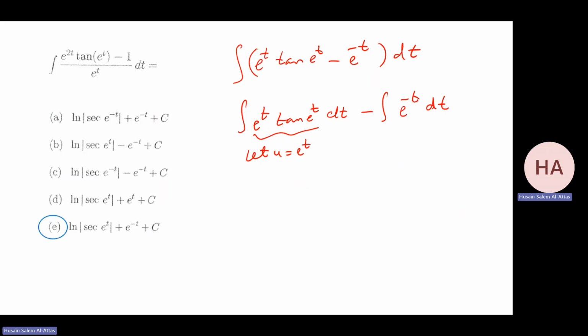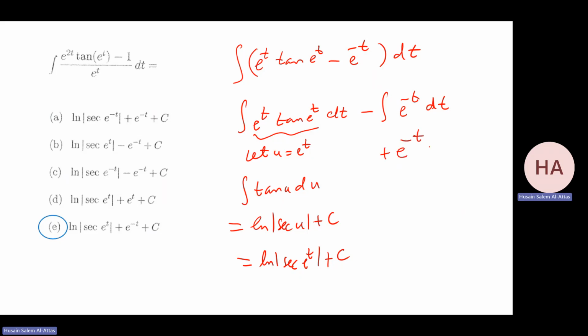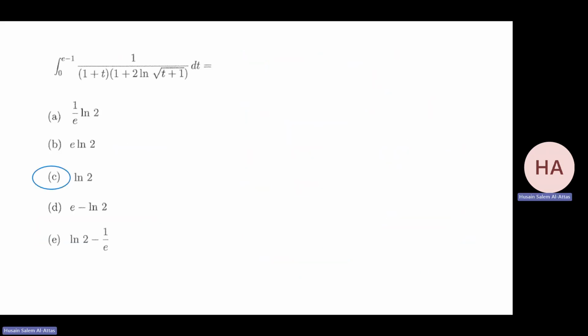So I have tan u du, which is ln secant u plus c, which is ln secant e to the t plus c. This one, it's just e to the minus t plus c. So the answer is ln secant e to the t plus e to the minus t plus c, which is this.